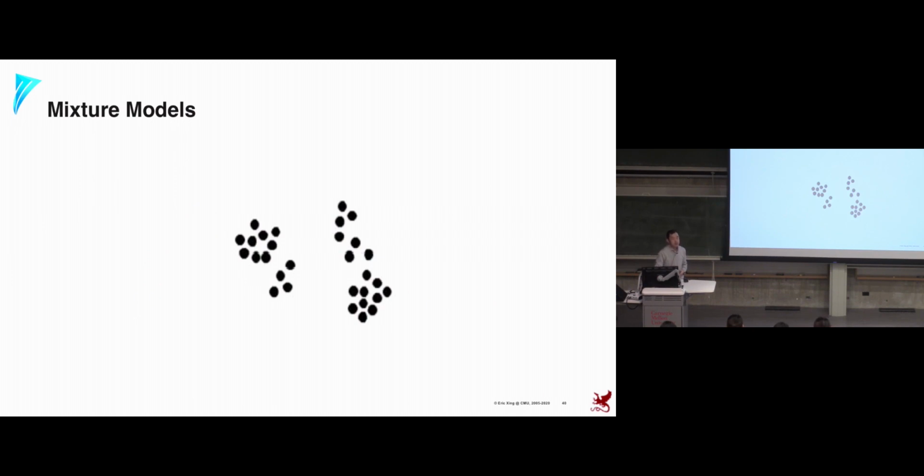Even for simple tasks like clustering a collection of points, what actually is done is that you have to give them some kind of labels. Maybe this is 1, this is 2, this is 3, and these are hidden, right?